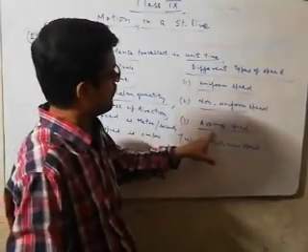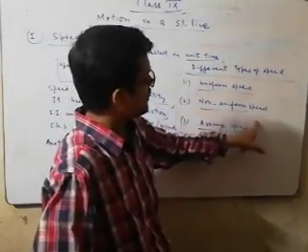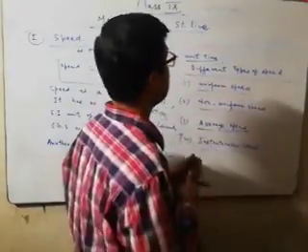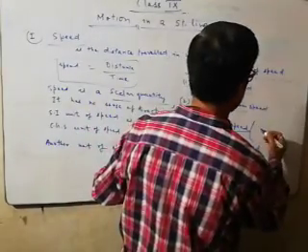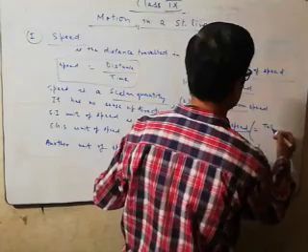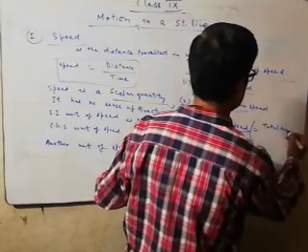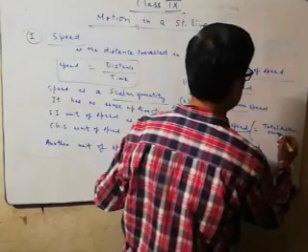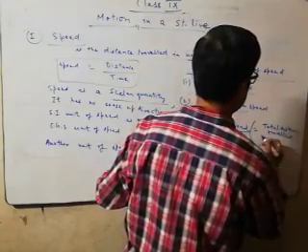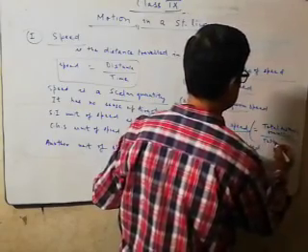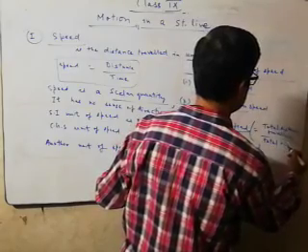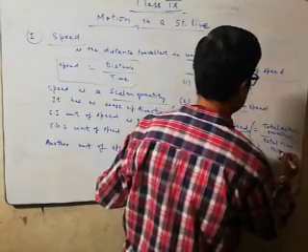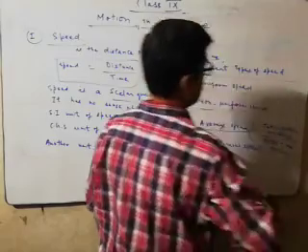So the formula of average speed is very important. Average speed is total distance traveled by total time taken.